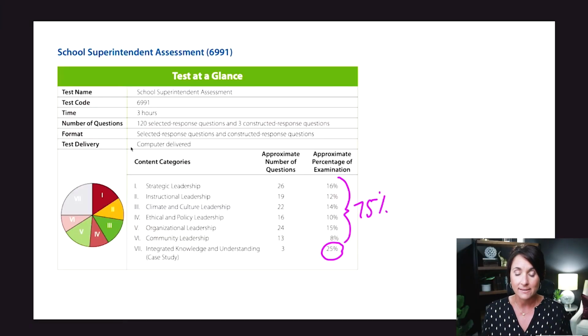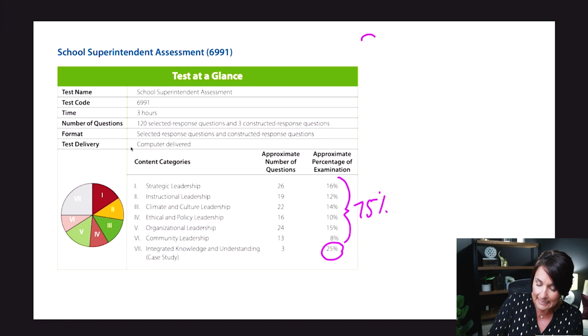Now, when you are trying to figure out your score on this particular exam, you're going to want to do a couple things. First, you're going to take your raw score of the multiple choice. So let's say you're doing a practice test and you get 80 out of 120 correct.